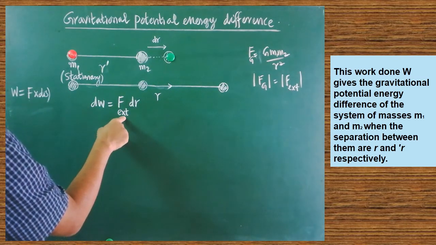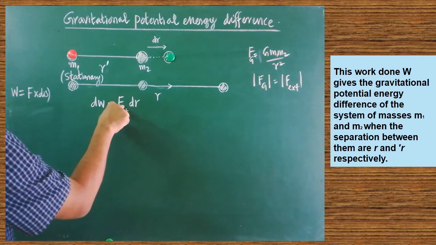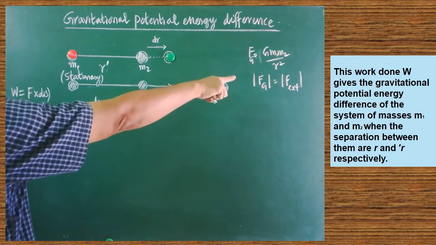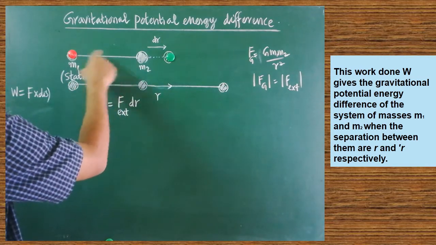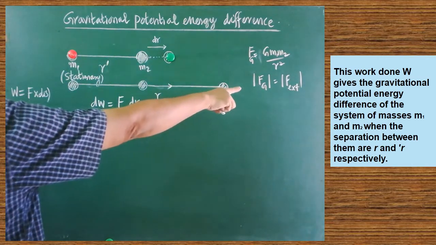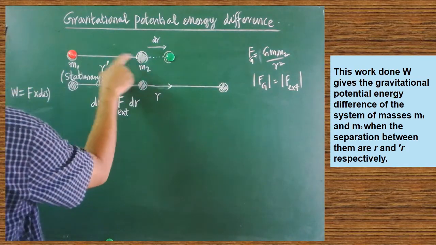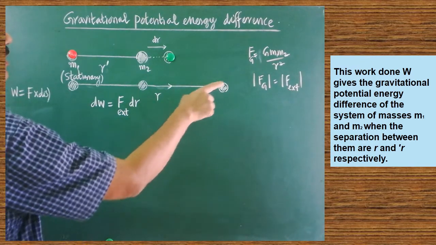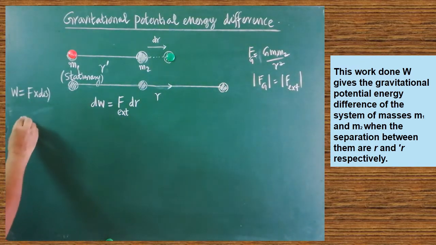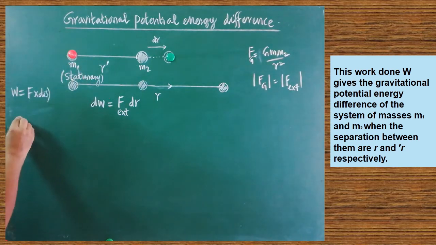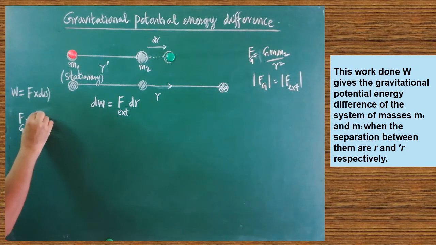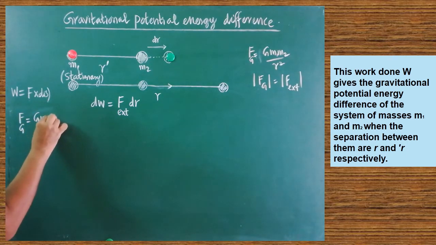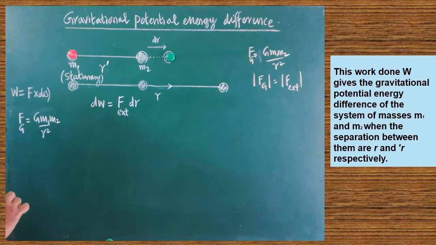Are you clear? So how much force has to be given externally? That is equal to the gravitational force between these two. So the gravitational force between m1 and m2 is equivalent to the external force. What is the general formula to calculate the gravitational force between these two? F gravitation is equal to G m1 m2 divided by r square, the fundamental formula given by Newton.